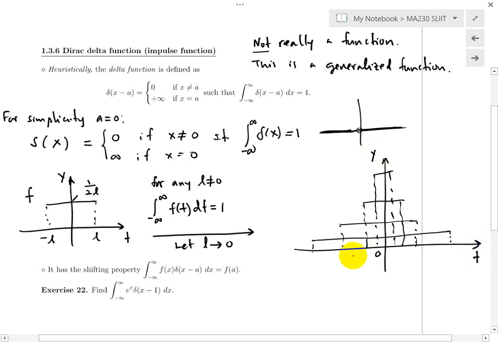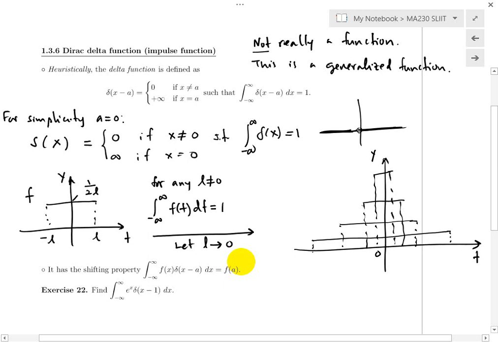When L approaches 0, you started from here and you make L very small, so what's happening to the function? When L becomes very small, the width has to become very small. You can see it becomes very close to 0.